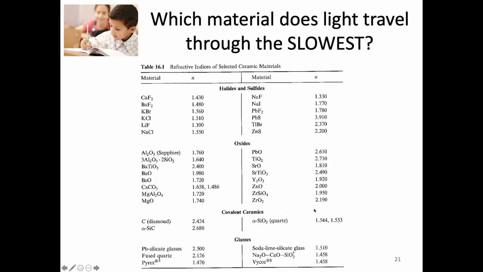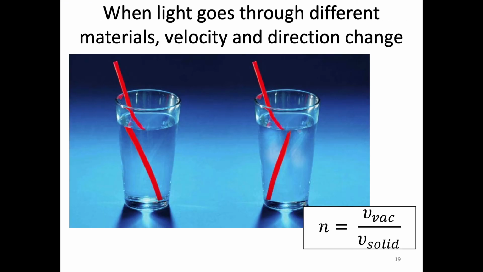All right, so now let's take a look at which one of these is the slowest. So I'll take you back to the previous slide that looks at the relative velocities. So the velocity of light in a vacuum, that is a constant. And so that's not going to change. What is changing though is this velocity in a solid.